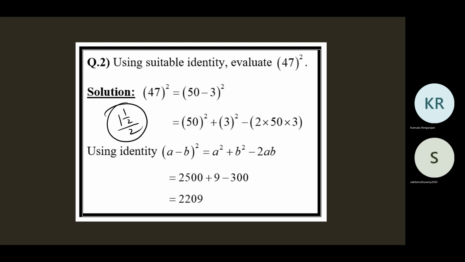Second one, 2209 is correct. Oh, you've done it both ways. Very good. Yes, ma'am. Great. Very good. Yeah, you're right. So you get 2 on 2 for the second one. Yes, ma'am.